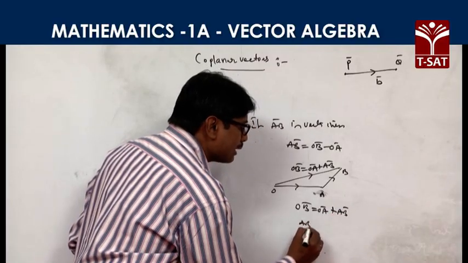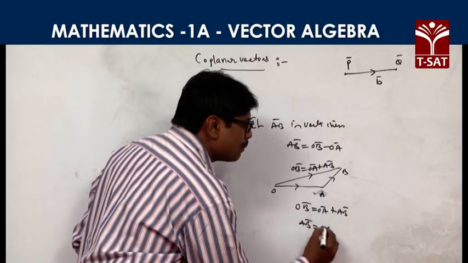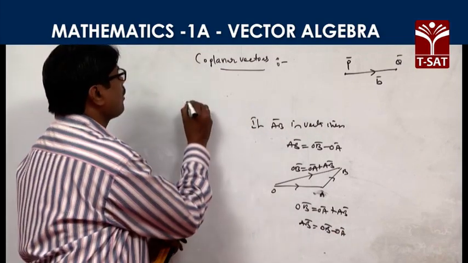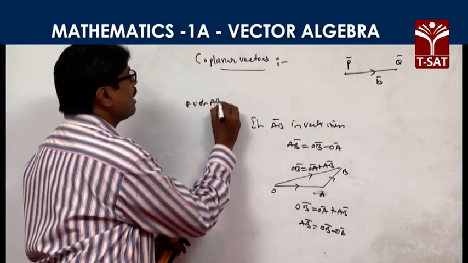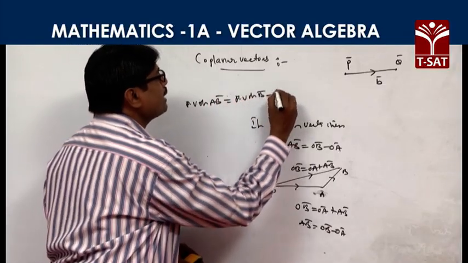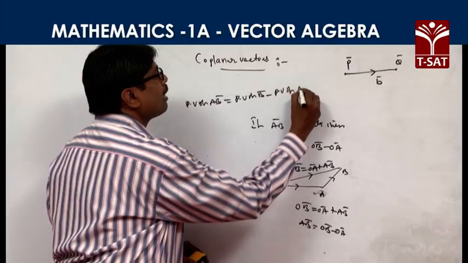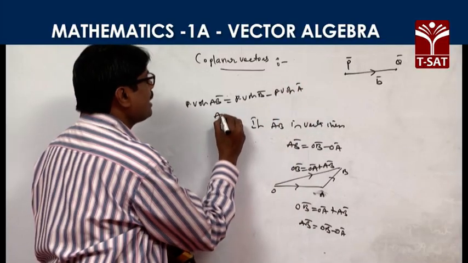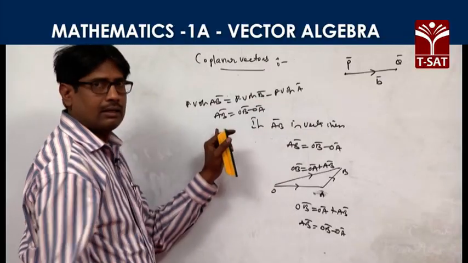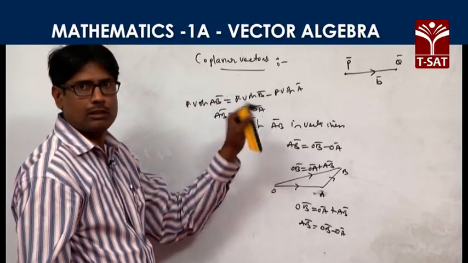Therefore, AB bar can be written as OB bar minus OA bar. So, the position vector of AB bar is equal to the position vector of B bar minus the position vector of A bar. This is the triangular law of addition, expressed in position vectors.